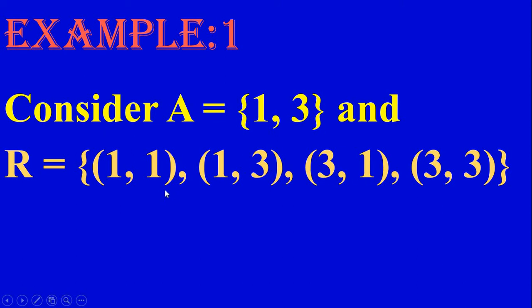Next, is it transitive? Now here we have (1,1) and (1,3). So here 1 is common, then we have to check (1,3). So (1,3) is there, therefore it is transitive. We check other elements also: (1,3), (3,1), then (1,1) is there; (1,3), (3,3), then (1,3) is there; (3,1), (1,1), then (3,1) is there. So therefore this is transitive.